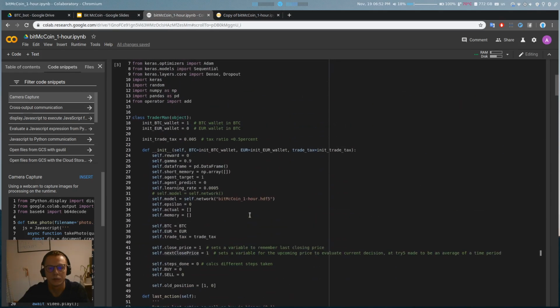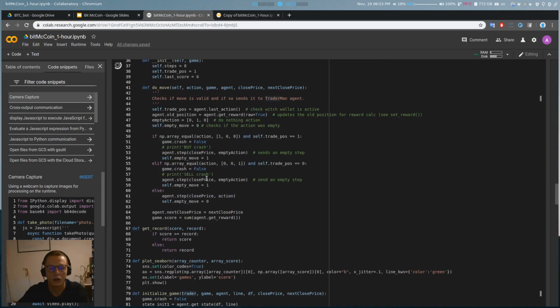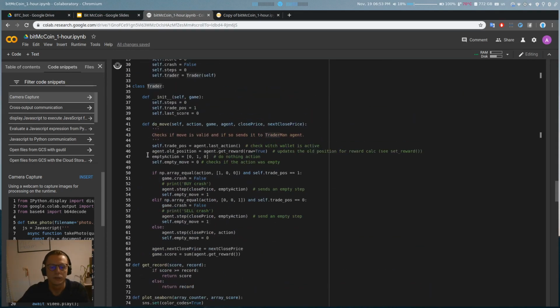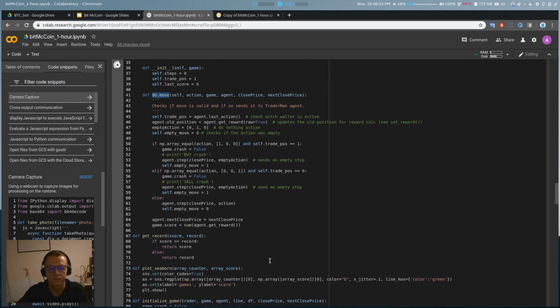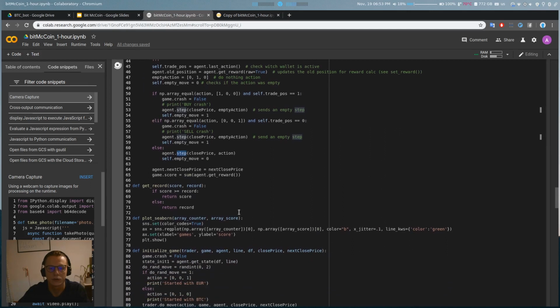So the deep Q agent. What it does some basic things as do move, which goes on and calls the step function here. And yeah, it updates the prices, the closing price and the next close price, and that's pretty much it.